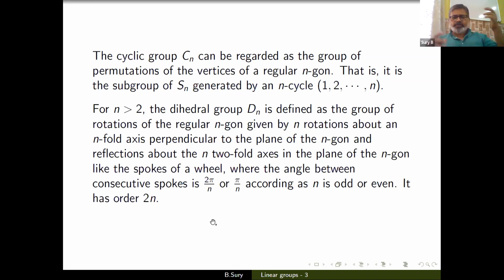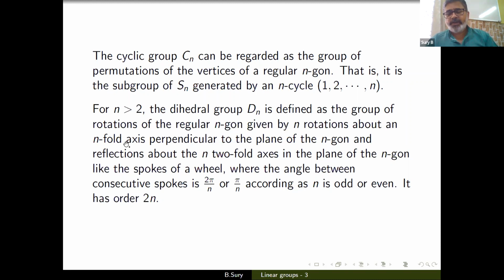Now it depends on whether n is odd or even. When you have a pentagon, for example, you have an axis from one of the vertices to the midpoint of the opposite side. You look at the rotations and reflections about that; then it's again invariant. If it is a hexagon or an even-sided polygon, you have the other kind of axis. So depending on whether n is even or odd, you can describe this dihedral group given by n rotations.